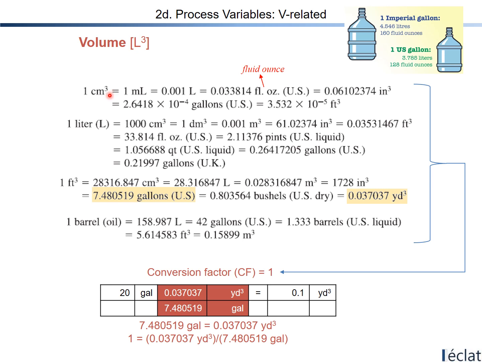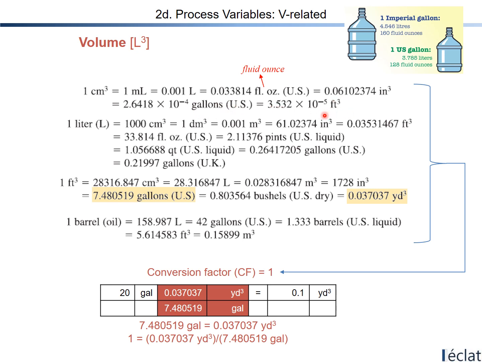Cubic centimeter, or sometimes called cc, is 1 milliliter or liter, and fluid ounce is used in USA, so called fluid ounce. Going to cubic inch or gallons US or cubic feet.